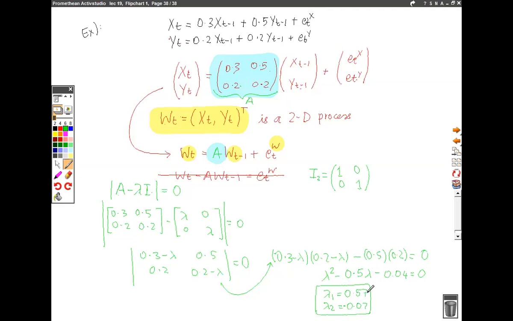Now to see if my model is a stationary model, what I want is for these lambdas to be less than 1, which they are. So if the modulus of lambda is less than 1, it implies that the model is a stationary model.